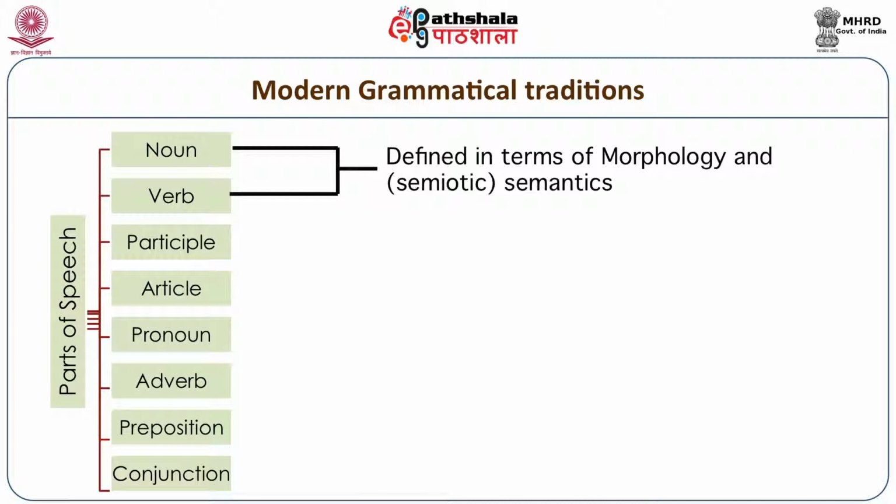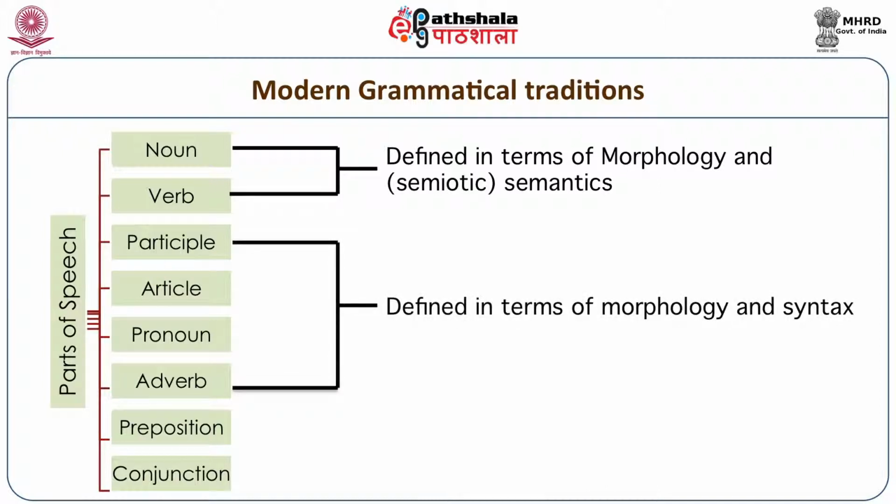So Thrax's attempt in the area of grammatical categories or parts of speech is an attempt to tidy up Aristotle's definition so that morphological criteria and lexical semantic criteria are applied uniformly. And so the primary basis by which he defines his parts of speech are form, syntactic function, and meaning.